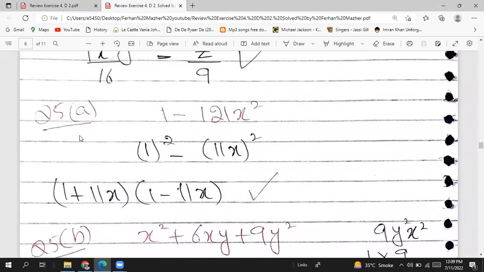So 1 square minus 11x square. This is like A square minus B square. If you have a difference of two squares, A square minus B square, that can be written as A plus B in one bracket, A minus B in the other bracket. So I can write this as, in one bracket, 1 plus 11x, and in the other bracket, 1 minus 11x. So this is how you will factorize.